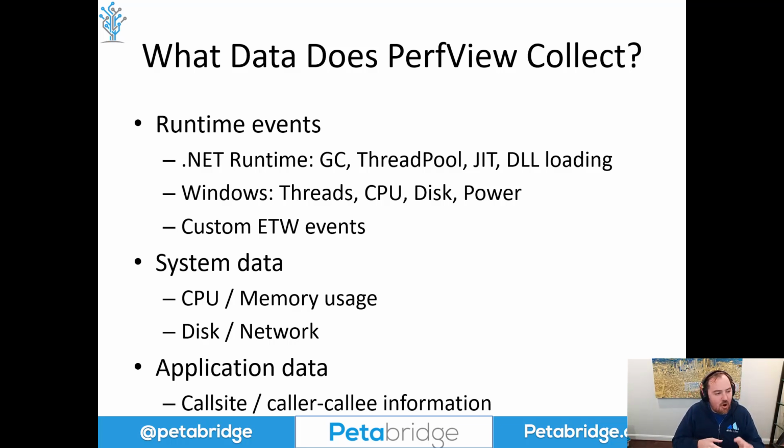It can give you caller-callee information, data about the hot paths that are occurring there, and it can also trace and correlate this application trace data to the other events and system data that's being gathered as well. So it gives you a fairly rich view of what's happening on your machine while it runs.